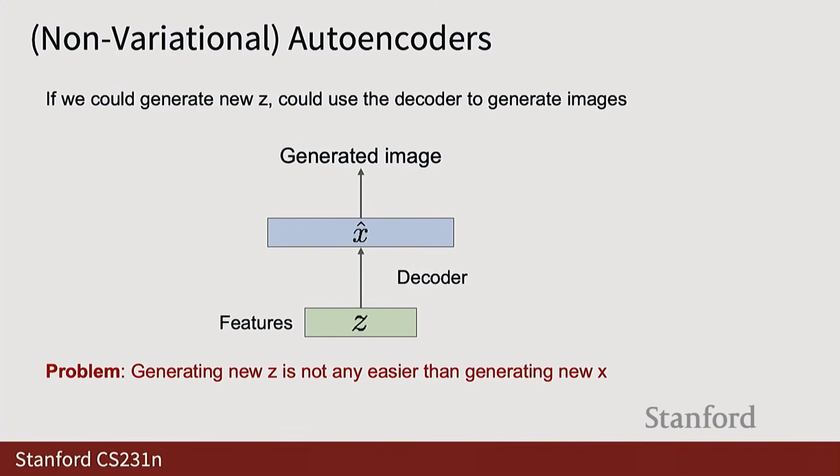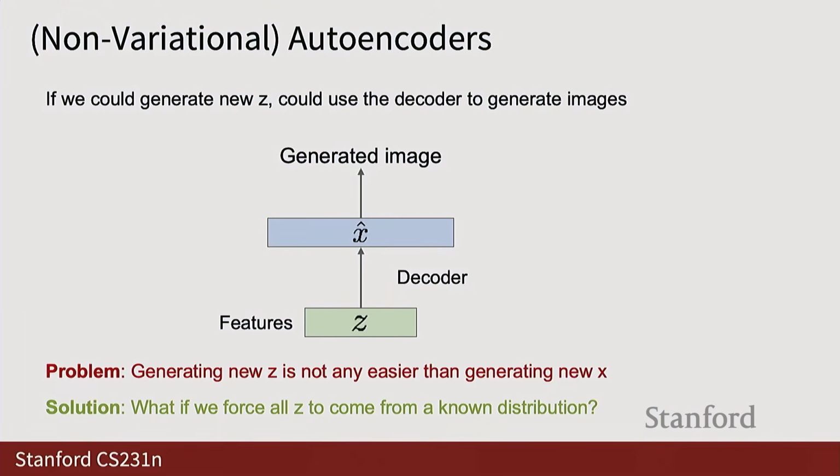And the idea of variational autoencoders is, what if we could force some structure on the Z's? If you have this traditional autoencoder structure, you're not forcing the model to impose any known structure on the Z's. You're just asking it to reconstruct the data, given its latent representation. But what if we had some mechanism to force the Z's to come from a Gaussian distribution or some other known distribution?